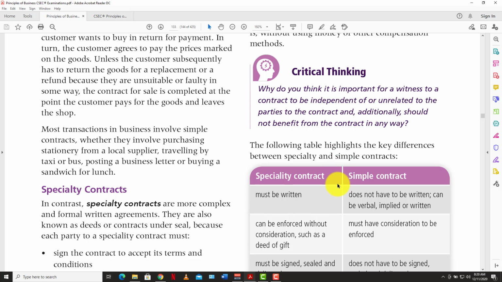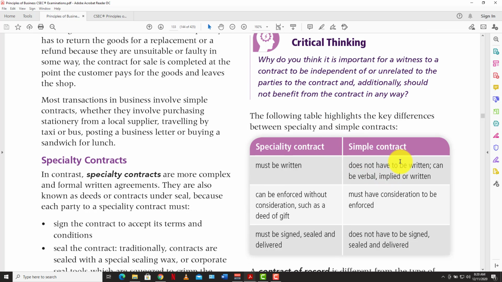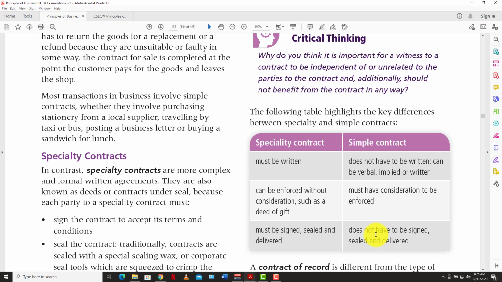So characteristic, simple contract right here, does not have to be written, can be verbal, implied, or written. So it's not a must to be written. Must have consideration to be enforced. Of course, there must be consideration in any contract, but the simple contract, there must be consideration to be enforced. Does not have to be signed, sealed, and delivered.